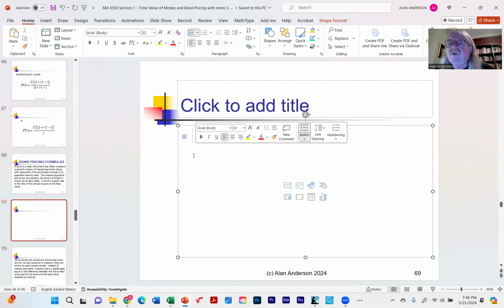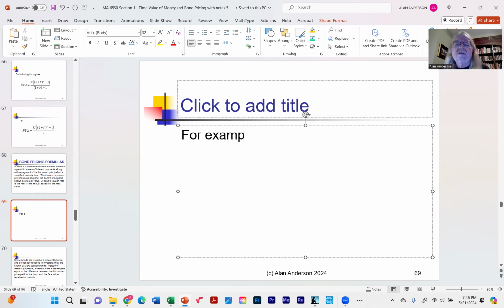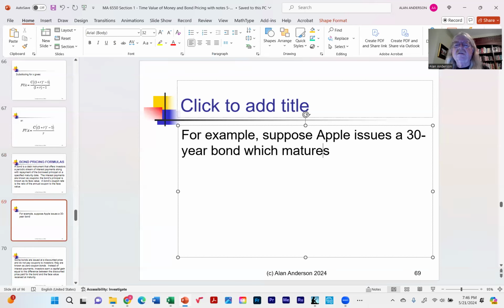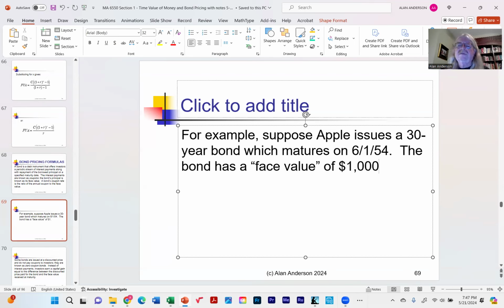And, if we want, we could go look up the terms and conditions from some actual bonds. For example, suppose Apple issues a 30-year bond, which matures on, let's say, June 1, 54. Oh my God. The bond has a face value of $1,000.